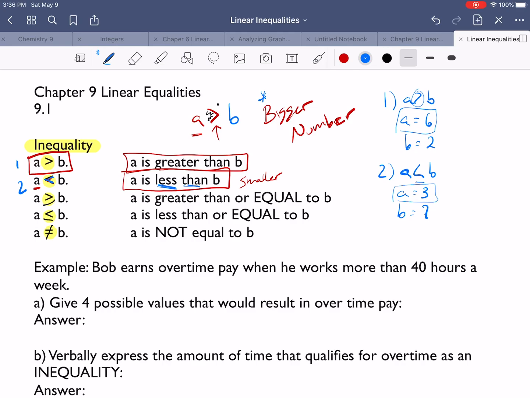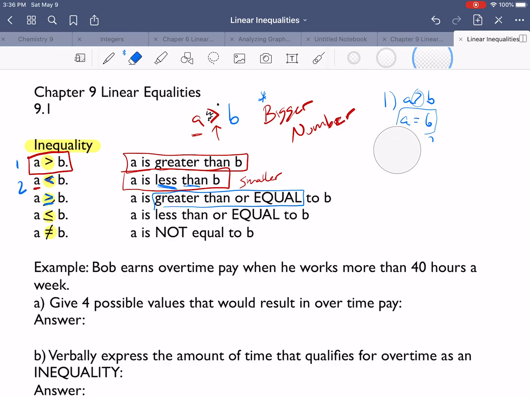There's a new sign that we're going to use here, and that's when there's a greater than sign with a line underneath, and that means greater than or equal to. So that line is basically half an equal sign. If we look at this example here, A is greater than or equal to B. So let's pretend that we had A being 6 and B being 6.